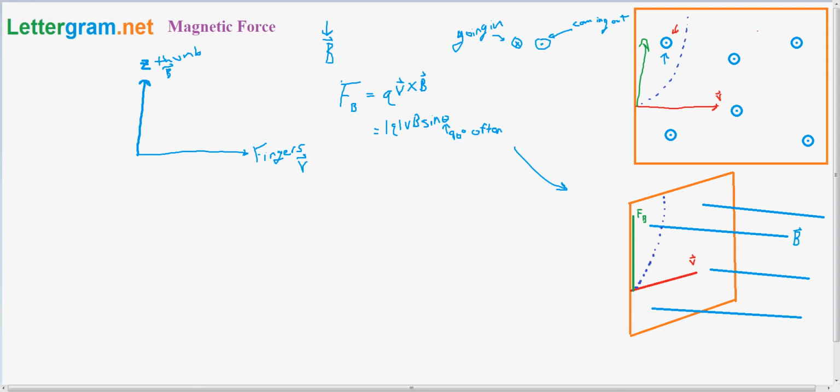If we come in from a different direction, say from the bottom, again, put your fingers perpendicular to the page, thumb coming out for the magnetic field, fingers for velocity, and you actually get a force that is pushing to your left. You then get this.